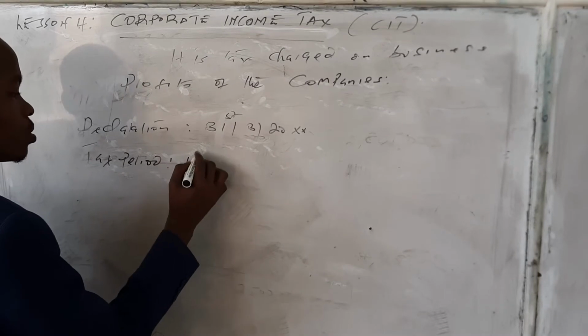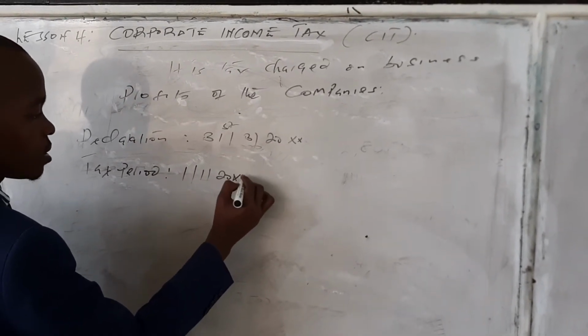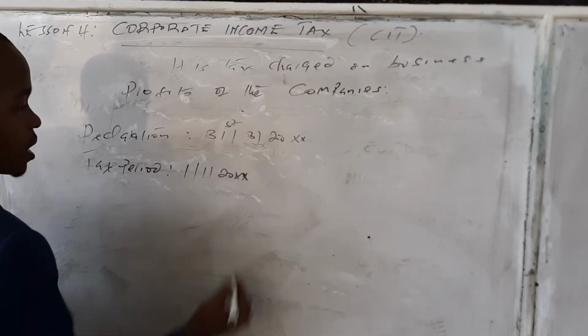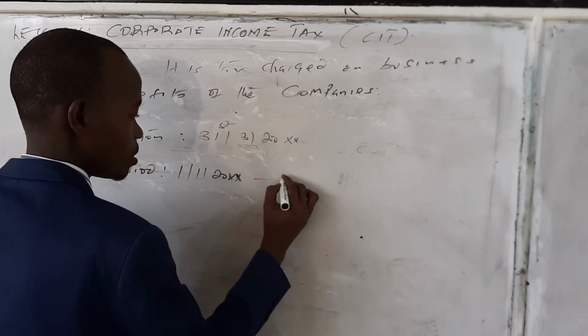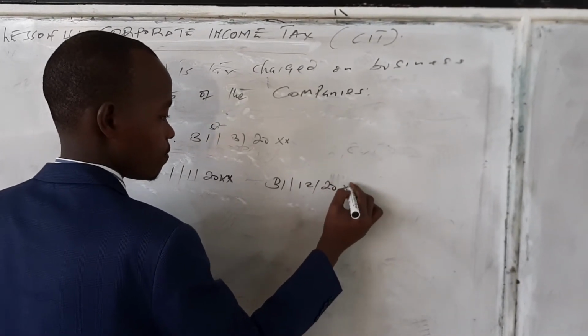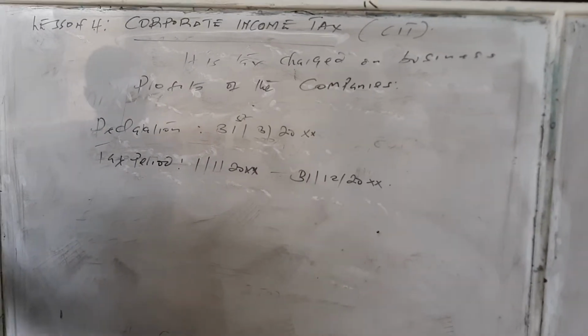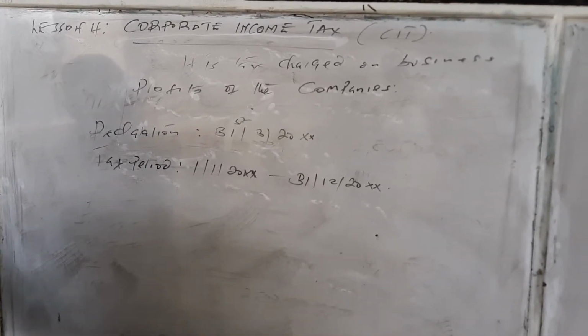The tax period is always 1st of January of that current year to 31st December of the current year.